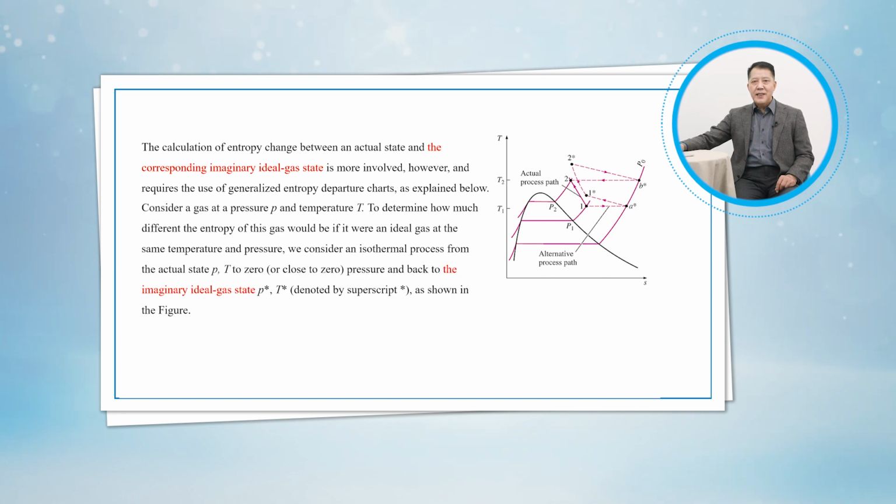Consider a gas at a pressure P and temperature T. To determine how much different the entropy of this gas would be if it were an ideal gas at the same temperature and pressure, we consider an isothermal process from the actual state P, T to zero pressure and back to the imaginary ideal gas state P*, T*, as shown in the figure.